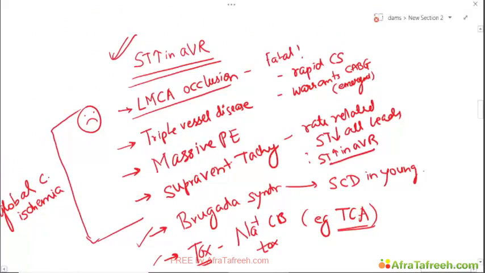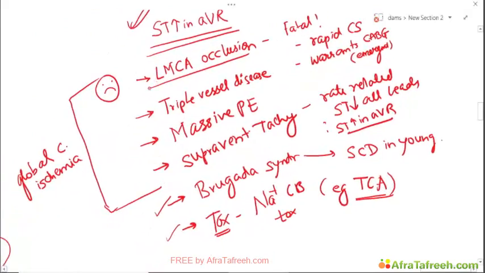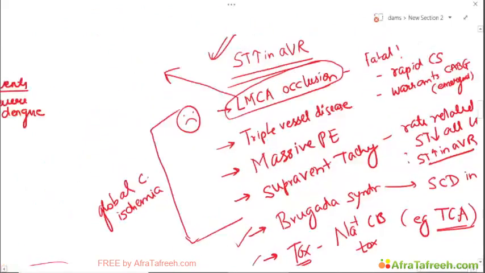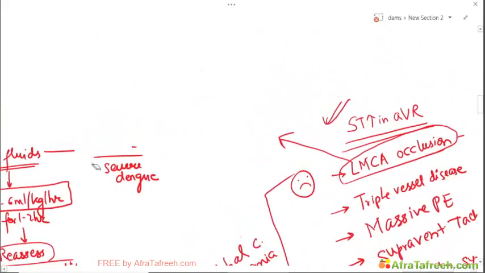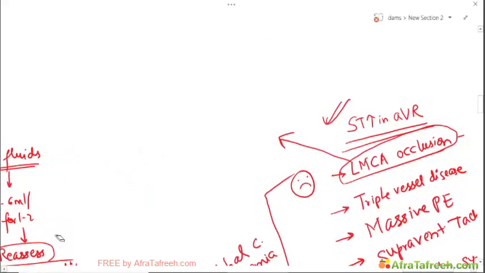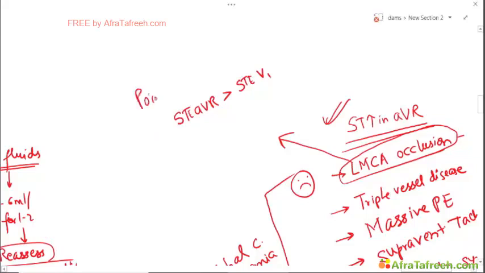Now, there are some pointers which we can use to diagnose LMC occlusion. So, left main coronary artery occlusion can be diagnosed with ST elevation in AVR more than ST elevation in V1. This is one of the pointers.